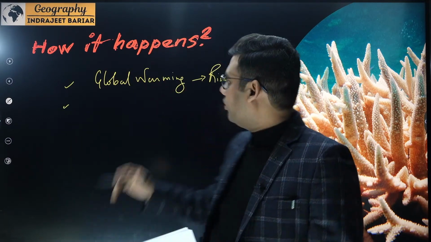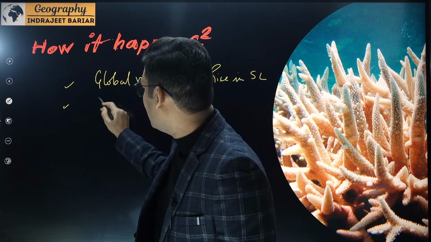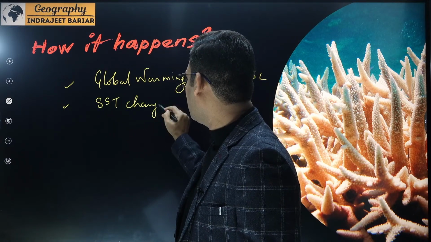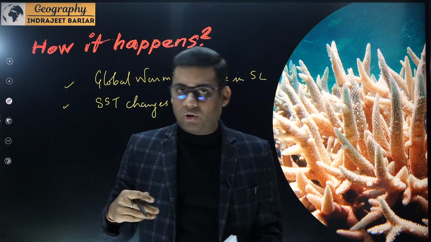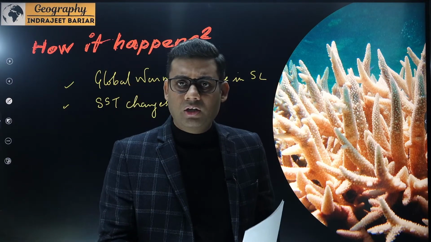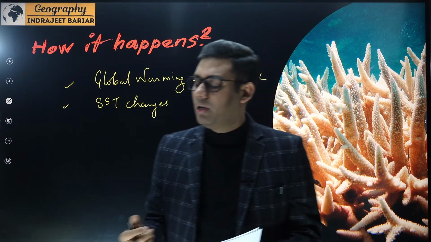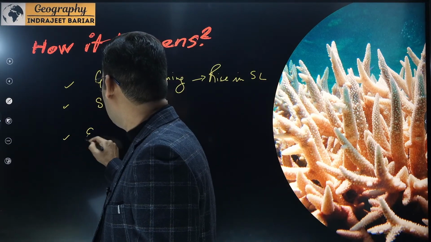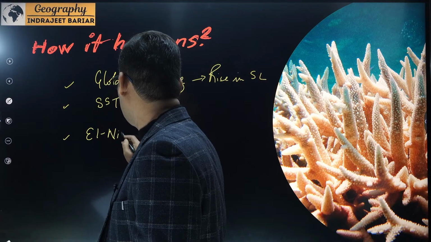Apart from that, sea surface temperature changes, be it abnormally high or abnormally low temperatures. Under any of these conditions, the corals are going to be under stress. Then along with that, a phenomenon that we call El Nino.